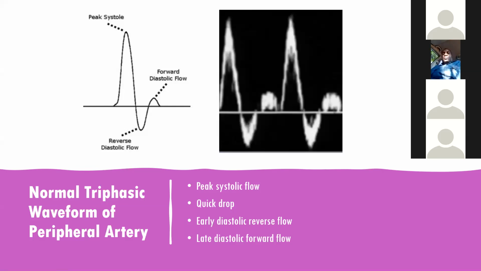If the stenosis is more severe again, you will get tardus parvus flow. When you see this type of spectrum in the blood vessel, you can understand that blood flow is reduced due to a proximal stenosis, so you should check the blood vessel where the stenosis is present. In this way you can identify the stenosis.